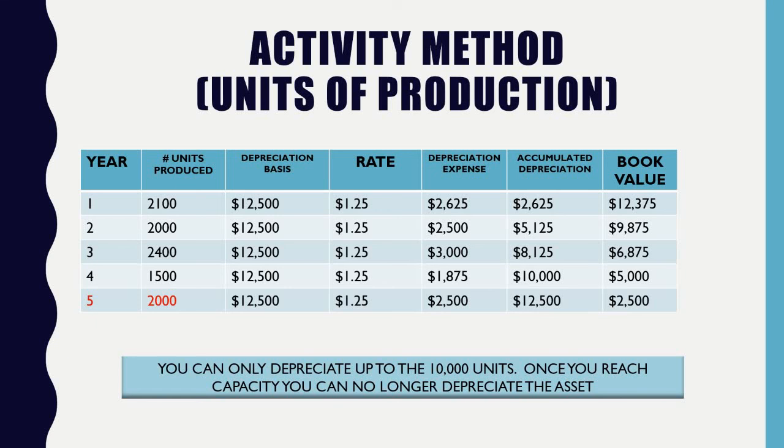Let's say my book value was 0. If I had those extra 200 items produced, your book value would be a negative number. And can we have a negative number in our fixed assets? Can I say my printer is worth negative $100?